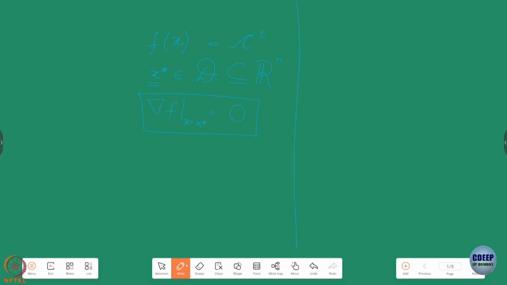we did the following. We defined this function in a single variable g of alpha like so, for some v in Rn such that v was a unit vector.